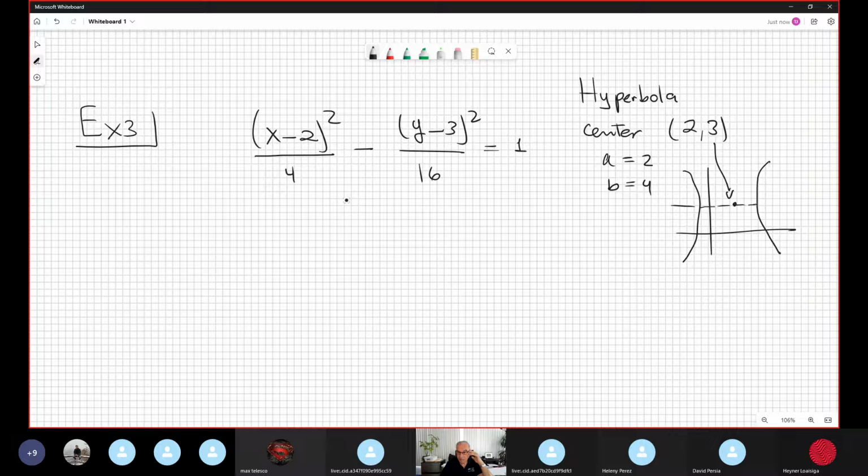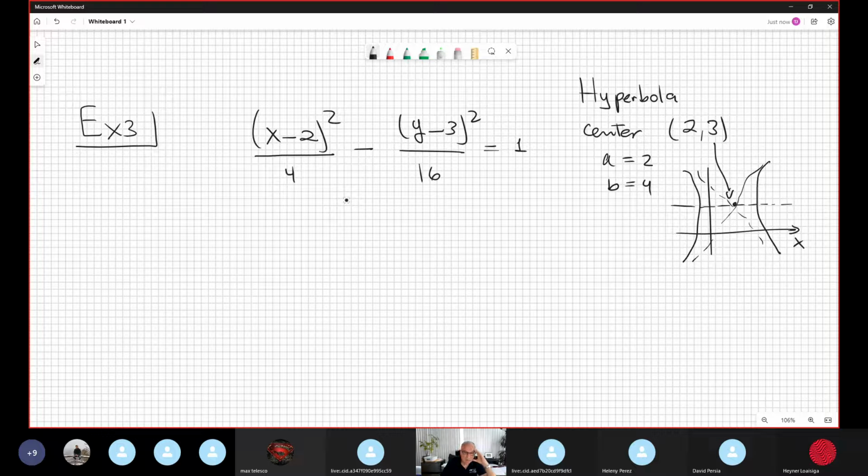The transversal axis of the hyperbola is parallel to the x-axis because x is positive, right? Okay, this is a quick review about conic sections. We have more detail, we have asymptotes, but it's not important.